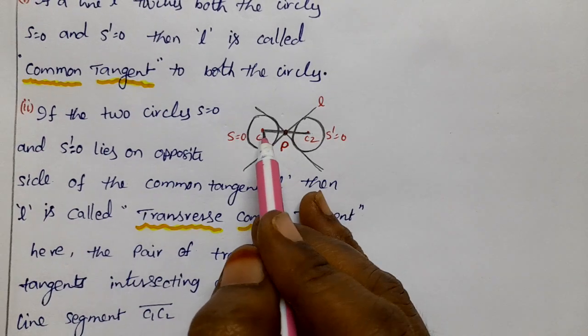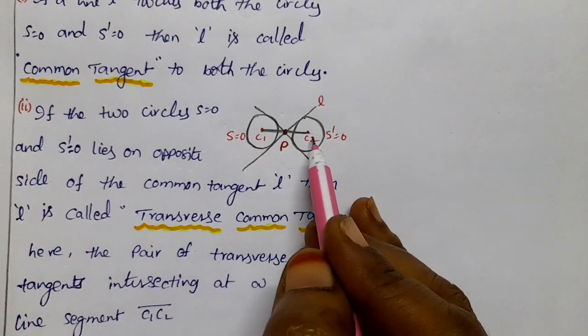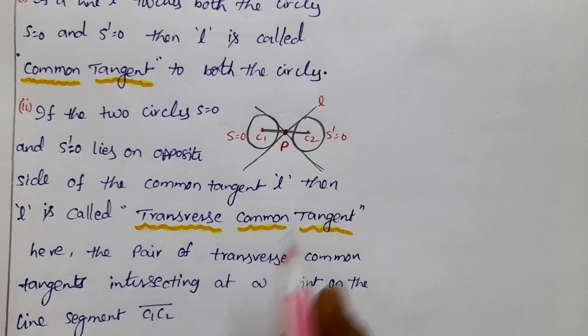Here C1 is the center of the first circle and C2 is the center of the second circle.